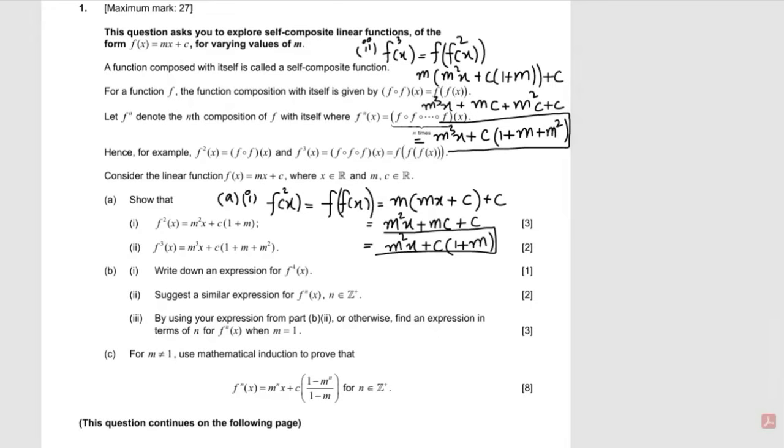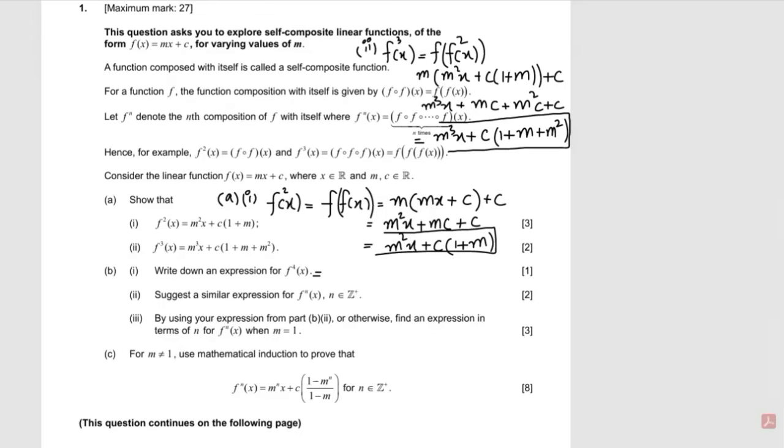All right, part B1. Write down an expression for f to the power 4 of x. The question doesn't say prove, show or find. It just says write down, which means you have to observe a pattern. What is that pattern? If you look at f cubed, it has m cubed x. If you look at f squared, it has m squared x.